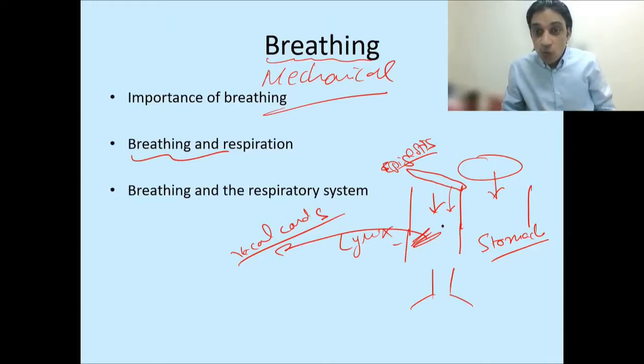So the job of these vocal cords is to produce sound. We push our lungs to send the air from the lungs to outside, and that air actually vibrates the vocal cords. When vocal cords vibrate, they produce sound.